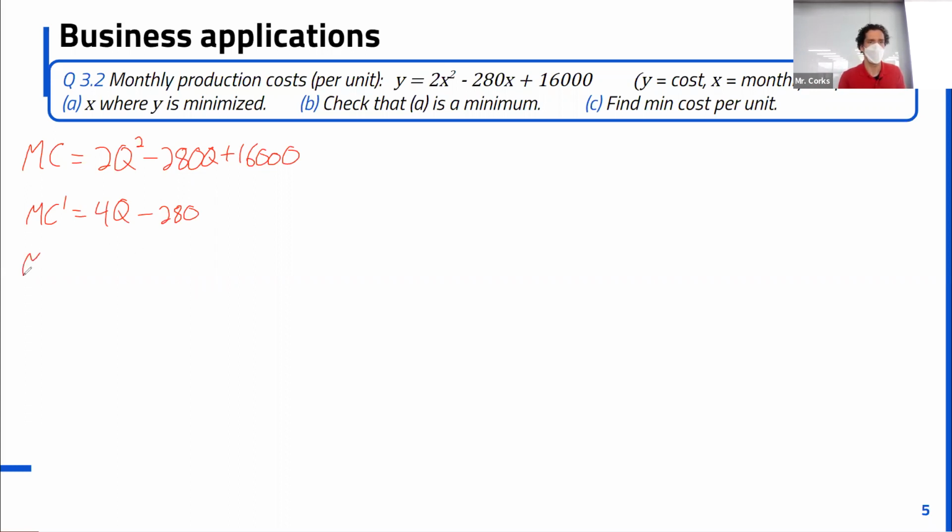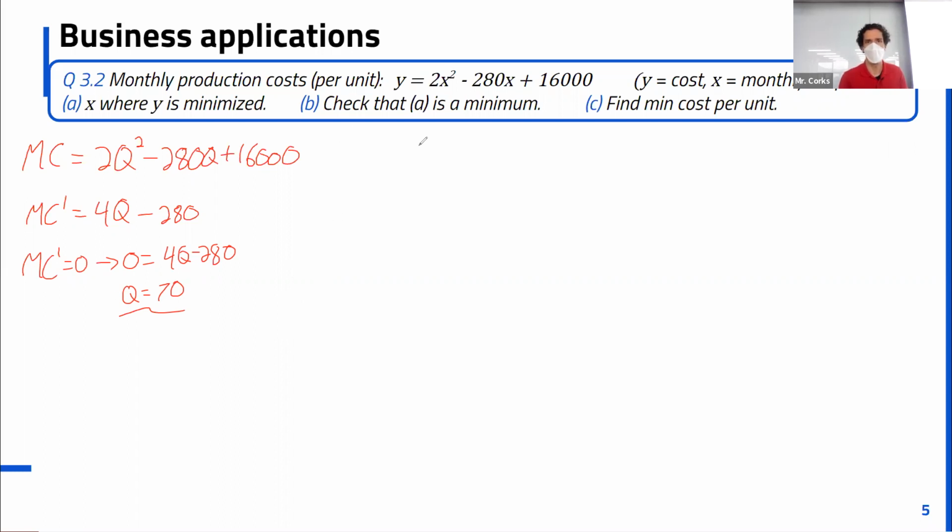And if we set this equal to 0, then 0 is equal to 4q minus 280, and q equals 70. So I saw the same number from everyone. We got the same number here in the chats. Part C was a little different though.